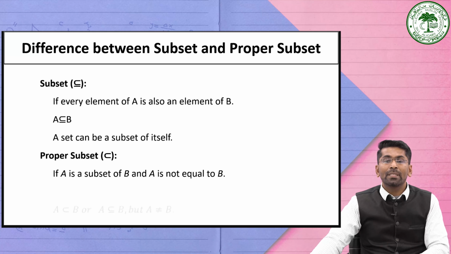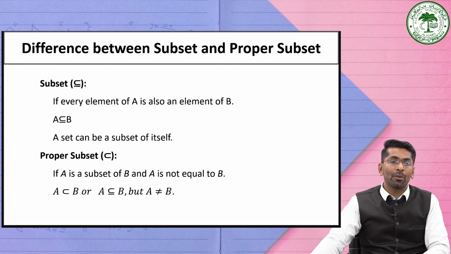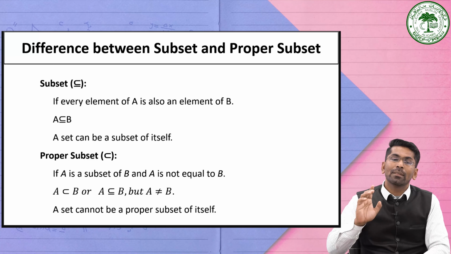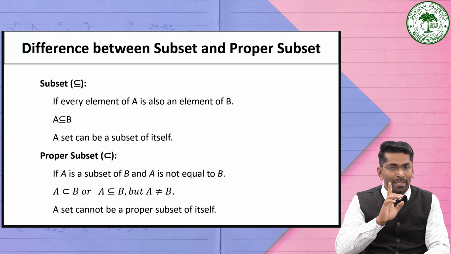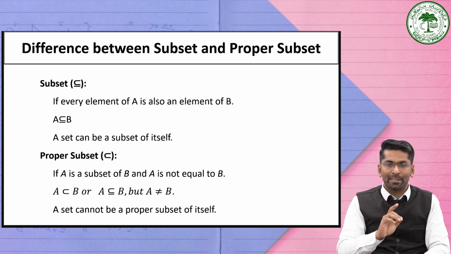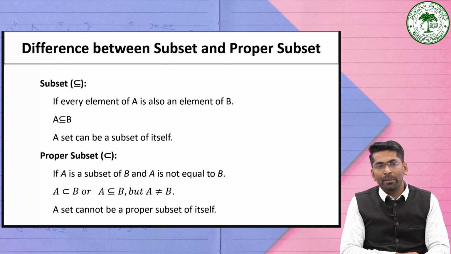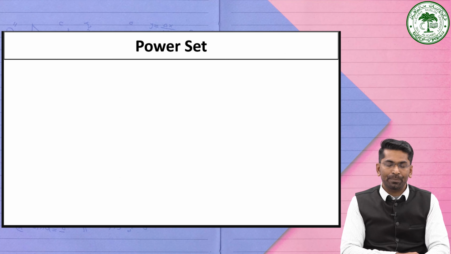This is the symbol used to denote a proper subset: A is a proper subset of B, that is, A is a subset of B but A is not equal to B. Therefore, a set cannot be a proper subset of itself. But a set can be a subset of itself. So I hope you understood the differences between subset and proper subset.